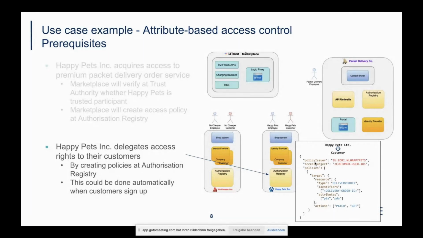But now these policies are issued by Happy Pets to these certain users. Of course, this is most probably a process to be done when some customer signs up at your shop system, who will automatically get such policies issued in the registry.